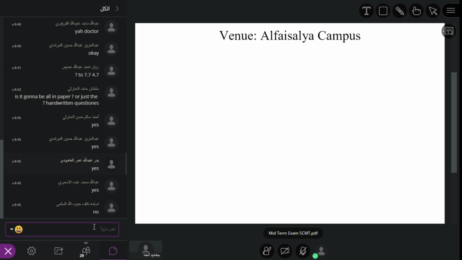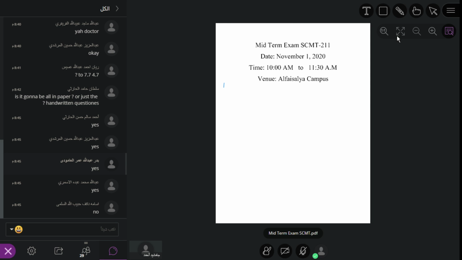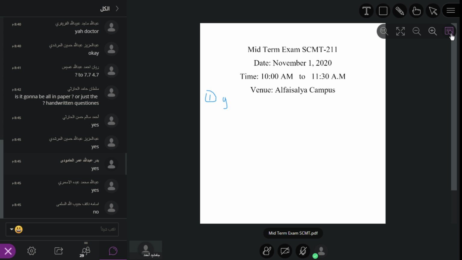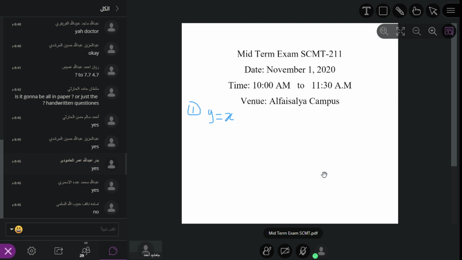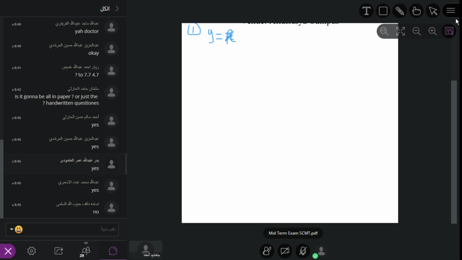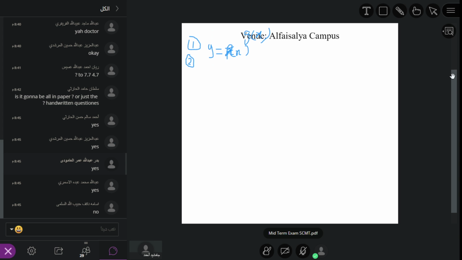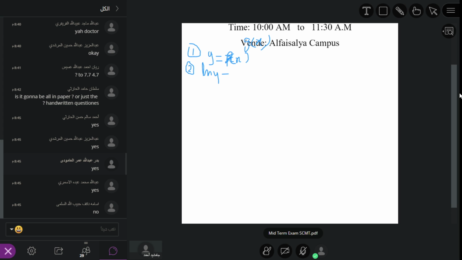First of all, we suppose y is equal to f of x power g of x. The second is log natural y is equal to log natural of f of x power g of x.